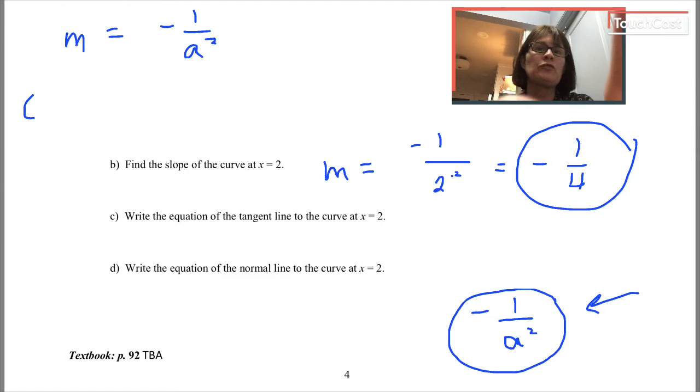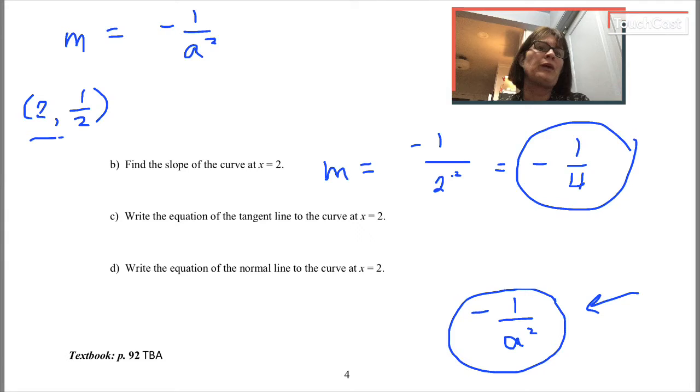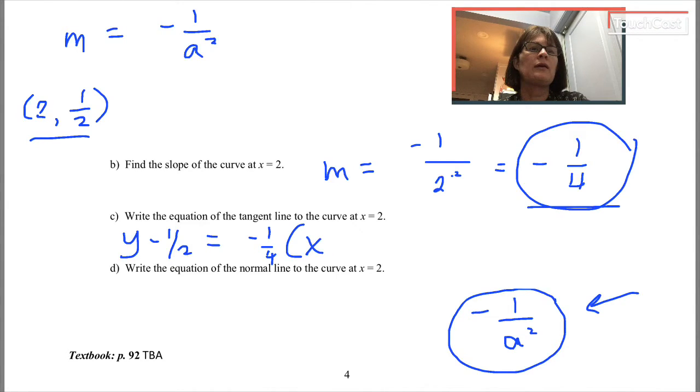So when x equals 2 and my function is 1 over x, my output when the input is 2 is going to be 1 over 2. Now that I know that ordered pair and I know the slope, I'm going to write y minus 1/2 equals negative 1/4 times the quantity x minus 2. Point slope form, don't feel like you have to change it or rearrange it. It's perfect just like that.